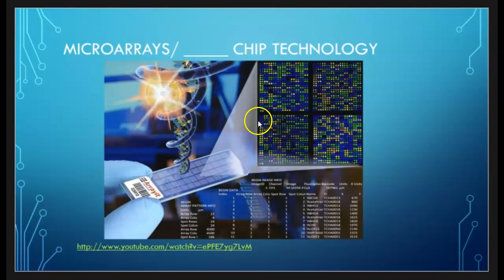Everywhere there's a dot, there is a complementary sequence, like a probe. DNA or RNA can be placed on the slide. Everywhere these dots are, that's either DNA or RNA, and there can be tens of thousands on one glass slide. It's just amazing.